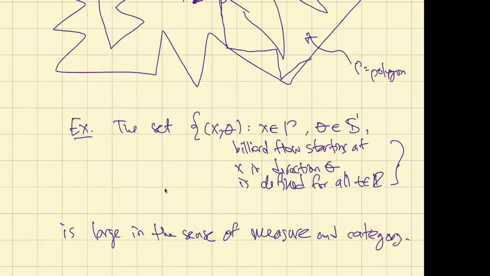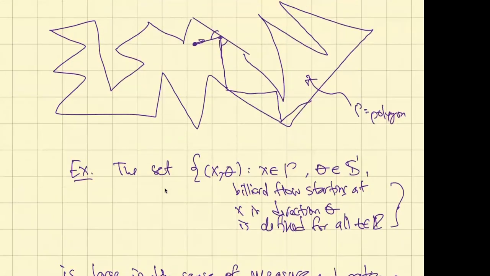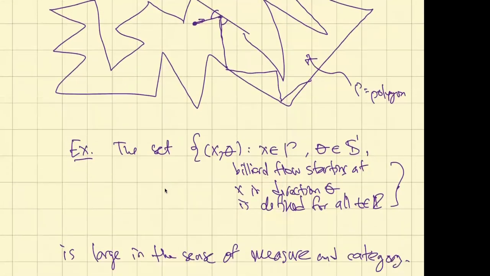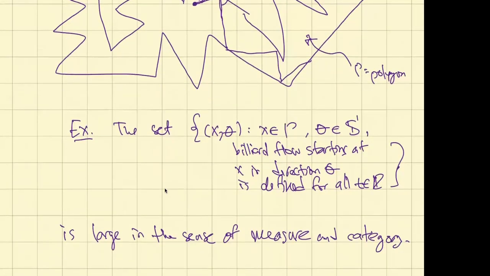The dynamics takes place in this product space, where the x's live inside the billiard table and the thetas live in the circle.